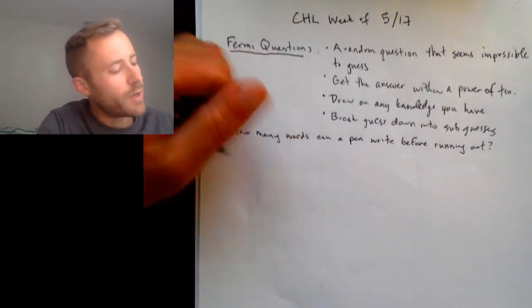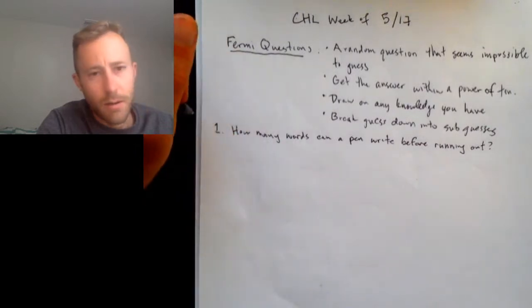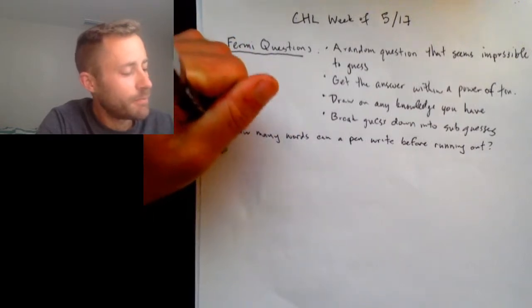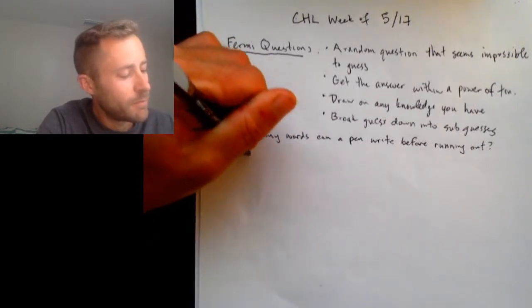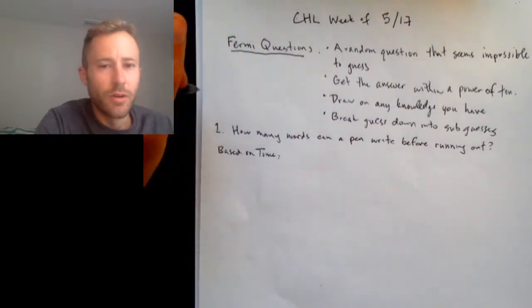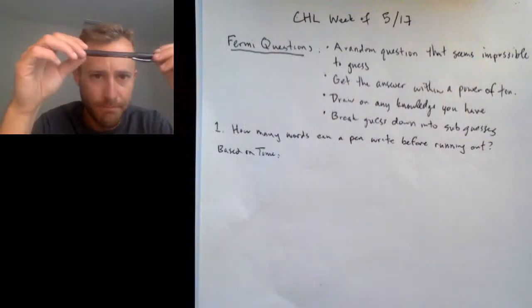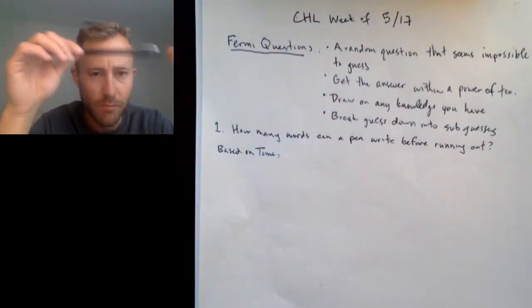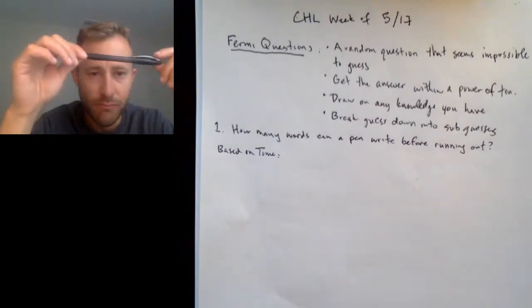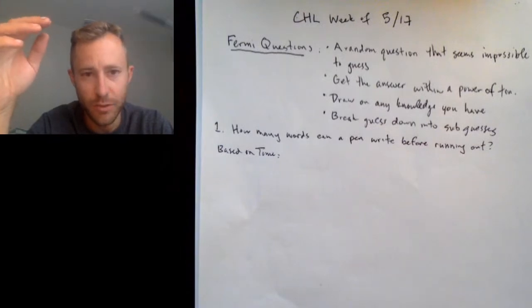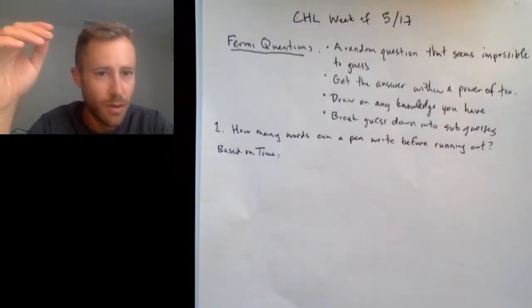The first method that I can think of is let's estimate it based on time. If I think about a pen, how long does a pen last? You can think about in your experience, if you have a pen, how long do you use it before it runs out?